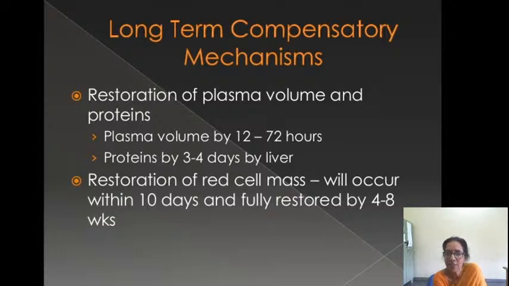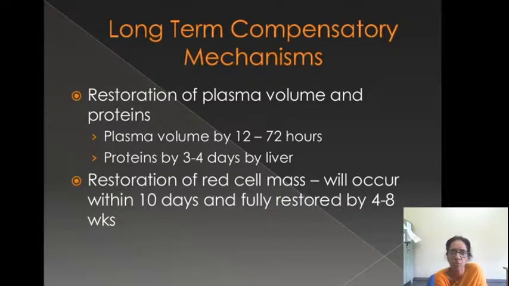From where are these proteins coming? The proteins are coming from an extravascular source, from hepatic synthesis. So the liver is producing these proteins, and these proteins are entering and making up your blood volume. It will take about 3 to 4 days for the liver to do this.